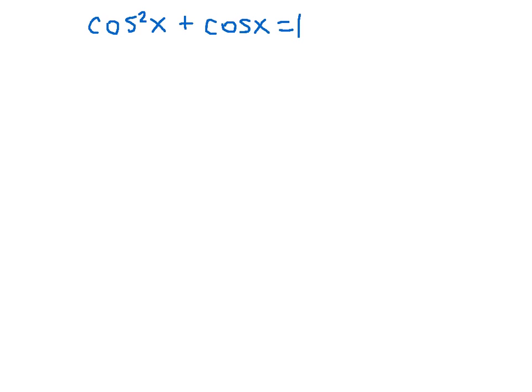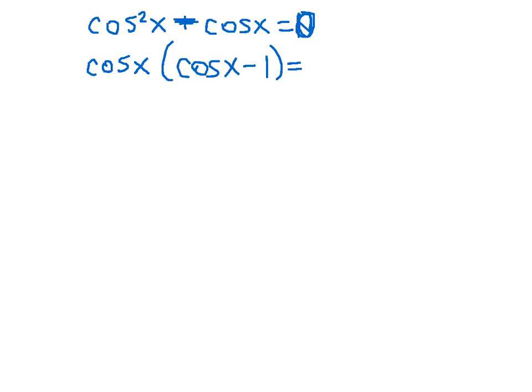It's supposed to be a minus here. So here we can take out a cosine of x, and we get cosine x minus 1 on the other factor. Oh, sorry, this equals 0.